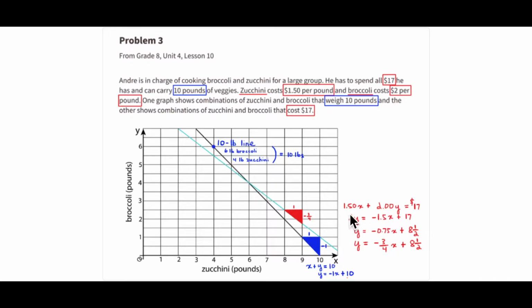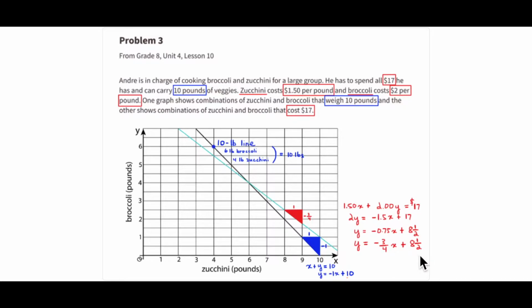You add the additive inverse of 1.5x, makes a -1.5x right here. And if you divide through by 2 or multiply through by the multiplicative inverse of 1/2, then y is equal to -3/4 x plus 8.5 pounds.